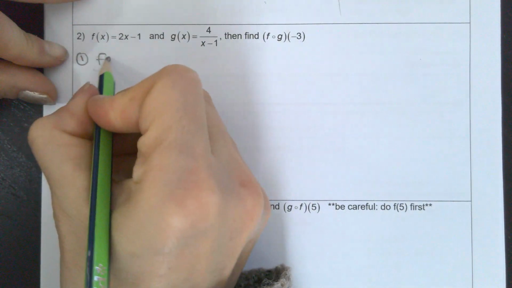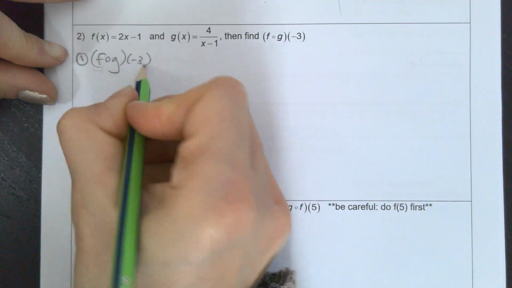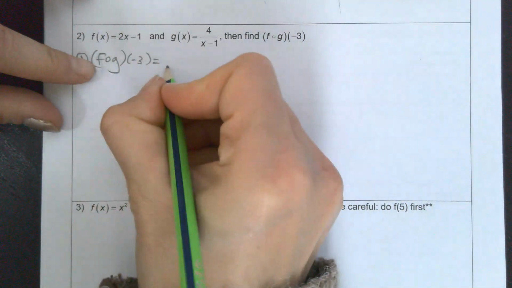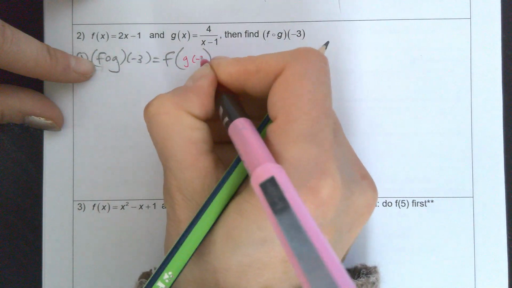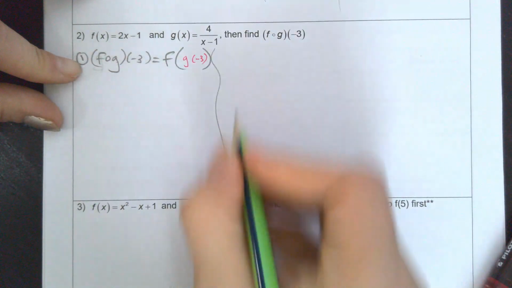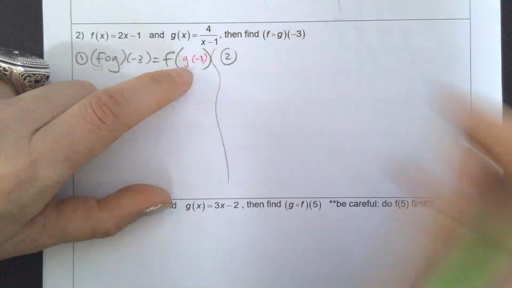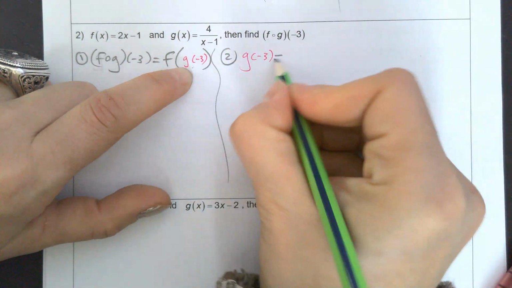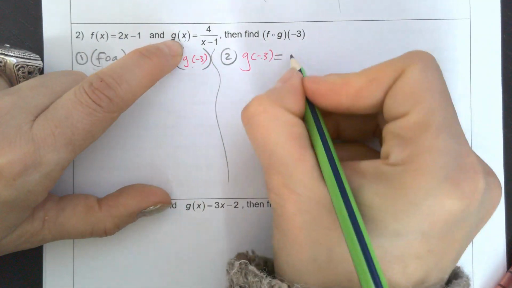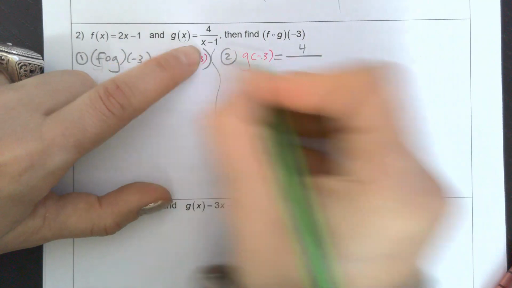So f of g is equal to, I keep them in the same order, so f comes first, and the inside is g of negative 3. Then the next step is I have to find the inside, so g of negative 3. That means look at g and put in negative 3 wherever there's an x.